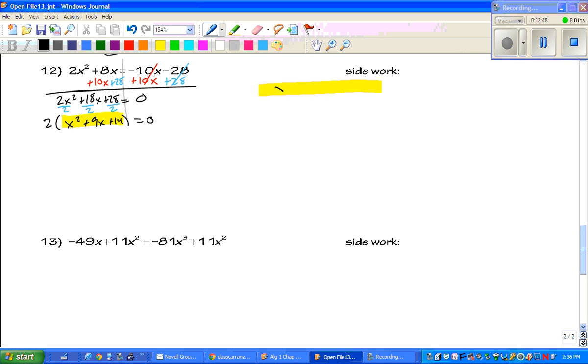Okay? So we need to factor x squared plus 9x plus 14. So the factors of 14 are 1 and 14 and 2 and 7. So out of those, what numbers add up to 9 and multiply to get to 14? 2 and 7.